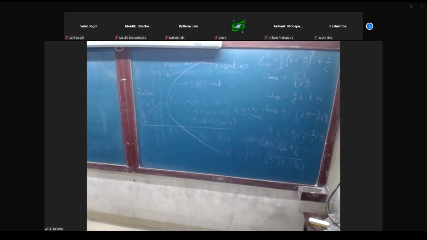So when we say we are fixing B1, that means we are fixing sigma 1. Sigma 1 square, sigma 2 square, and sigma 1 2: these 3 things are not independent.